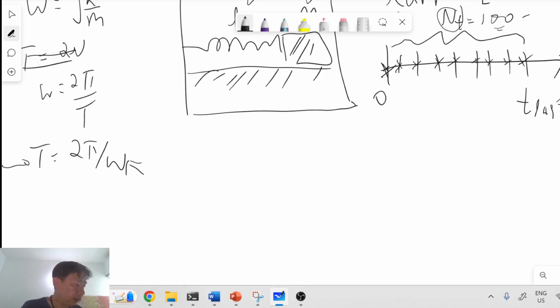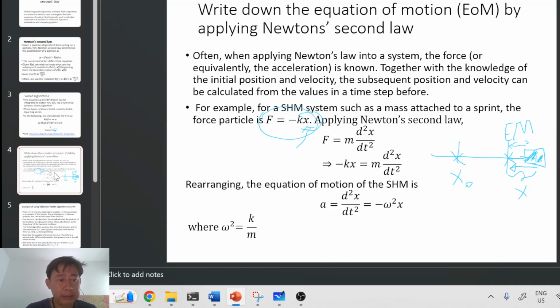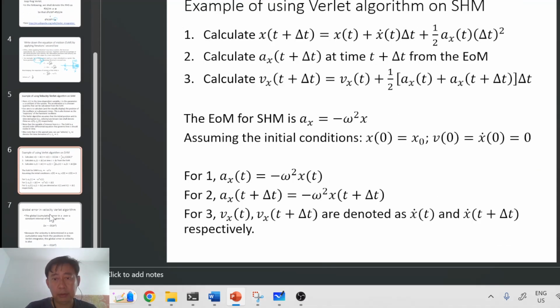Okay, I think the simulation looks something like this. The algorithm is like this. So let us look at this one. So first of all, you assume that you know what is the initial position of the location x and also x naught dot, which is the velocity.